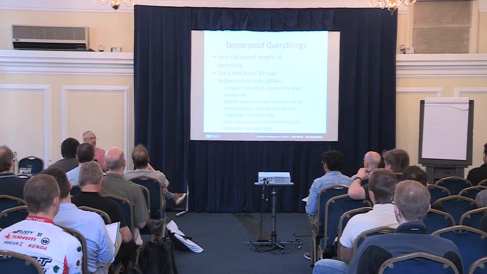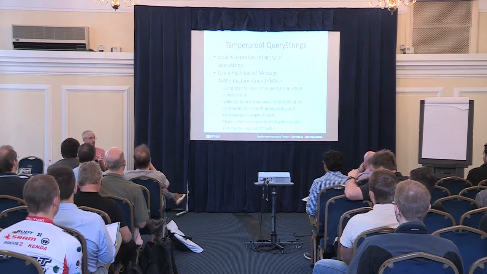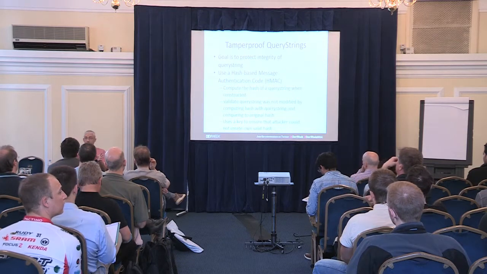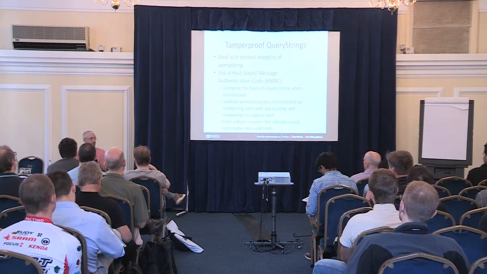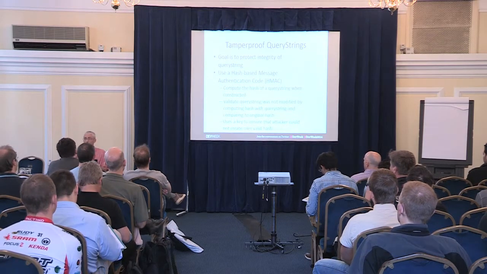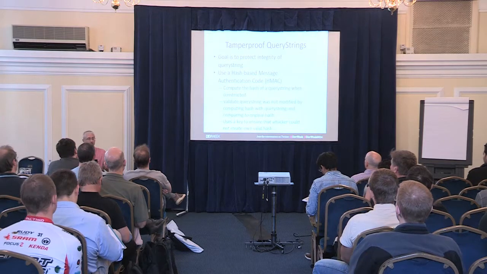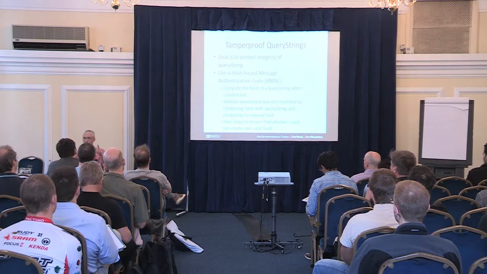So the idea with this is we're going to use hashing to make tamper-proof query strings. In other words, they could try to change the value of the customer number, but if they did, I'd be able to detect that and reject it so they can't see another customer's data. So I'm going to take whatever query string I want. I've got my link, and that query string with a customer number.